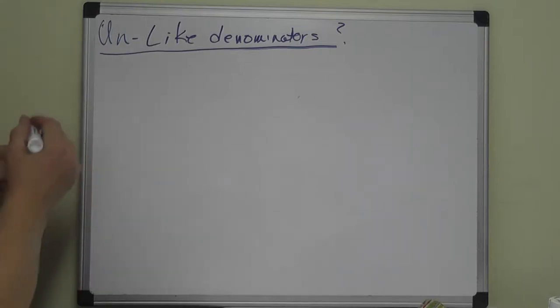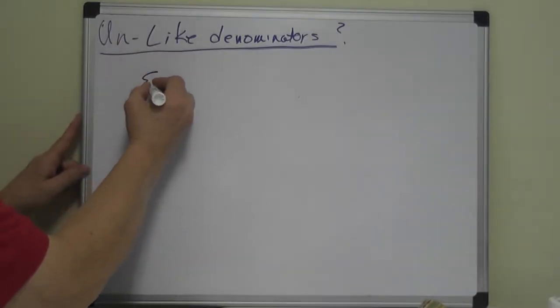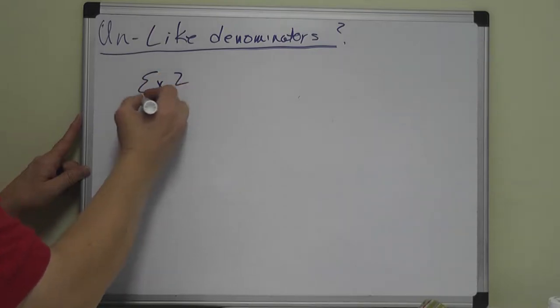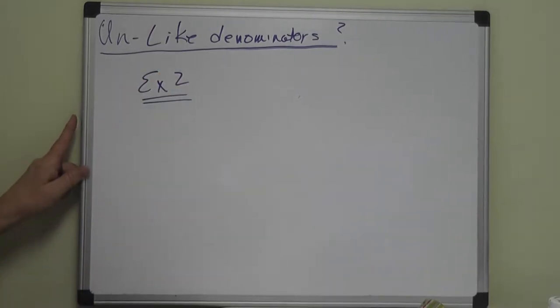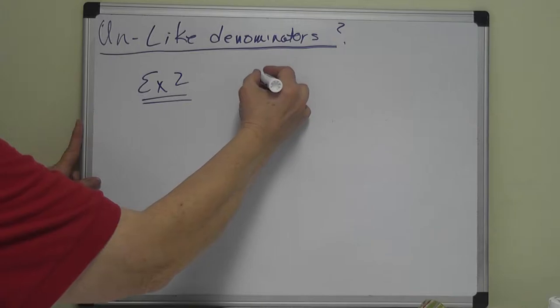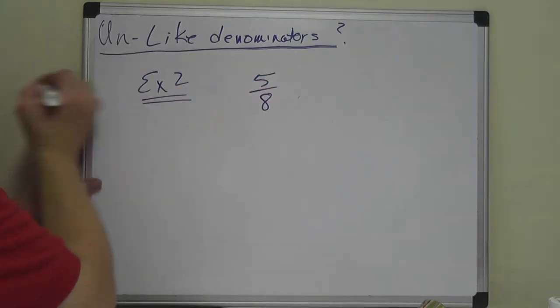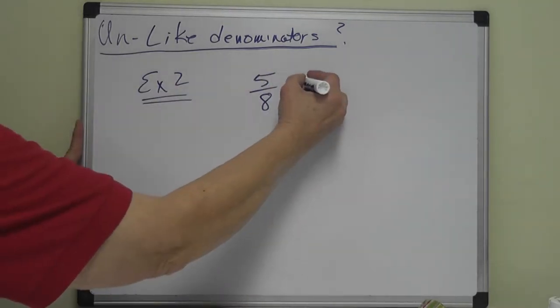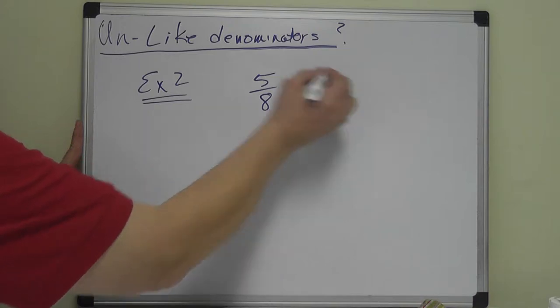So that's all you have to do in order to add or subtract fractions that have different denominators, is rename those fractions so that they have a like denominator.